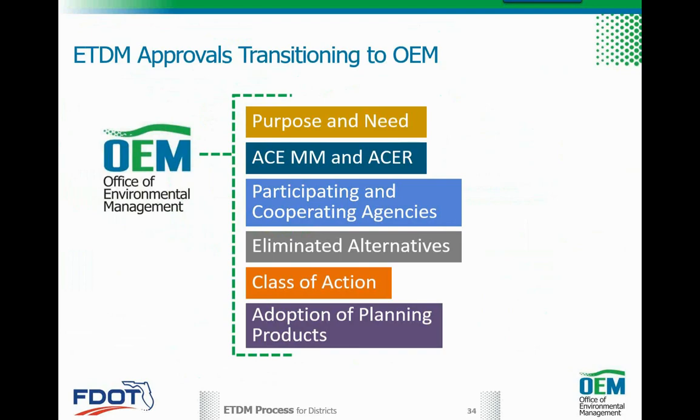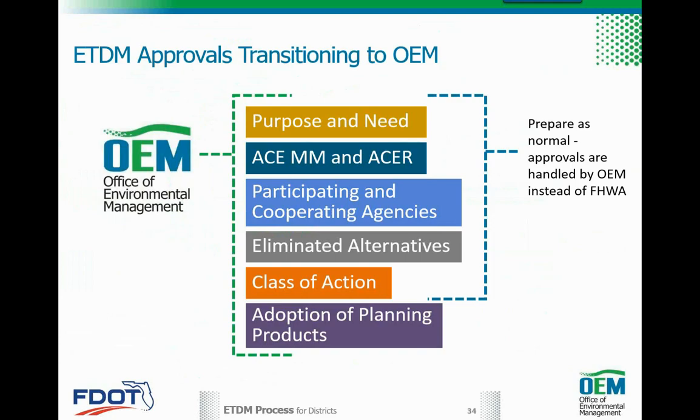Now this is where things happen exactly how you do them today, but instead of them going over to FHWA, they go over to OEM. So through the screening events, there's a review and acceptance and approval of a purpose and need. There's a review and approval of a methodology memorandum or the ACER document. There are activities where the lead federal agency needs to send out the participating and cooperating agency request invitations.